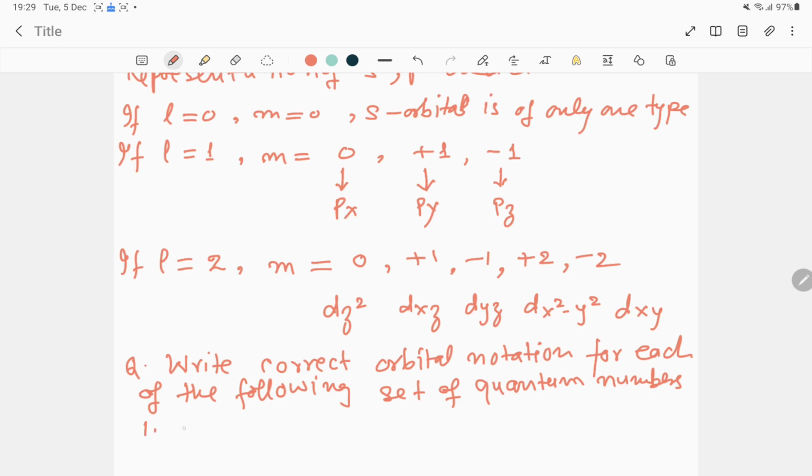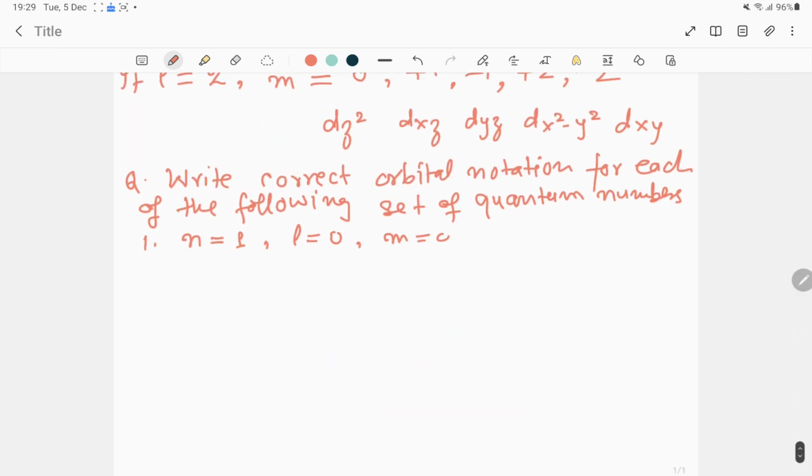First, n is equal to 1, l is equal to 0, and m is equal to 0. Second, n is equal to 2, l is equal to 1, m is equal to 1.